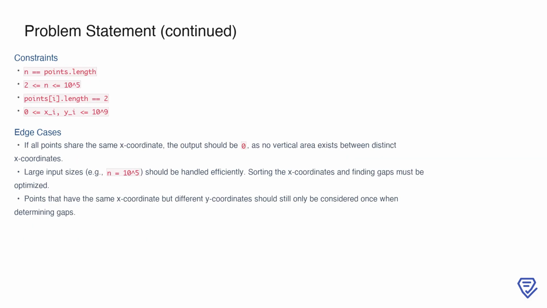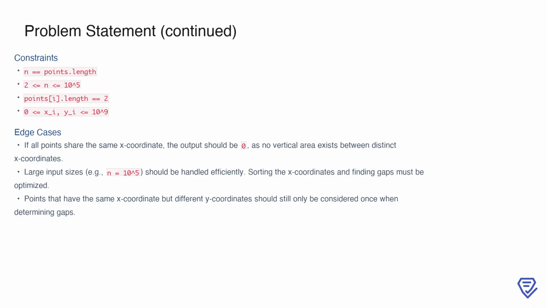To solve this problem, we must also consider the constraints and edge cases. The constraints specify that the number of points, n, ranges from 2 to 100,000, and each point has x and y values between 0 and 1 billion. This means our solution must handle large inputs efficiently. Sorting the x-coordinates has a time complexity of n log n, which is optimal for this input size.